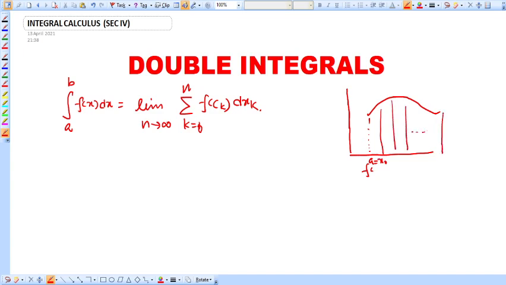In this way we will have a partition of this curve, and then we sum all of these. When the number of sub-intervals is taken to infinity, whatever sum we get is the area under the curve, and that area under the curve is the integration of f(x) dx.